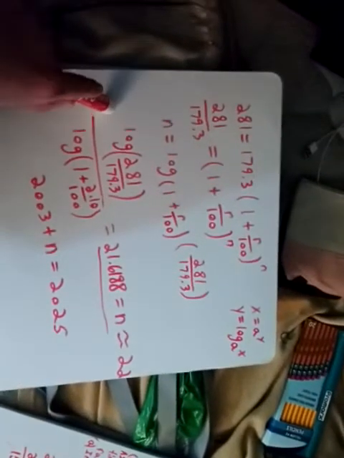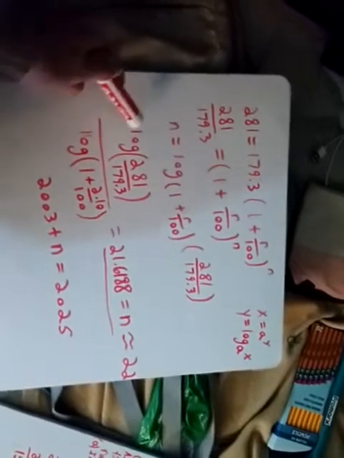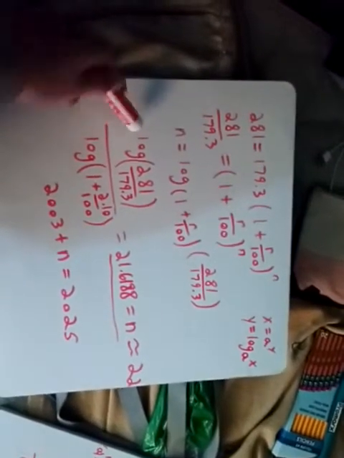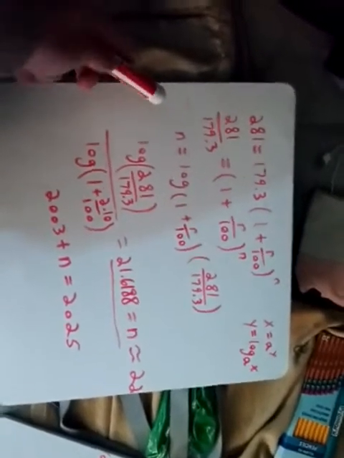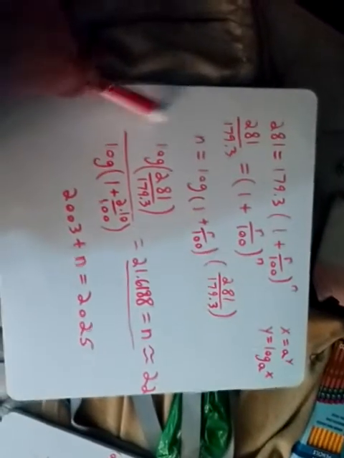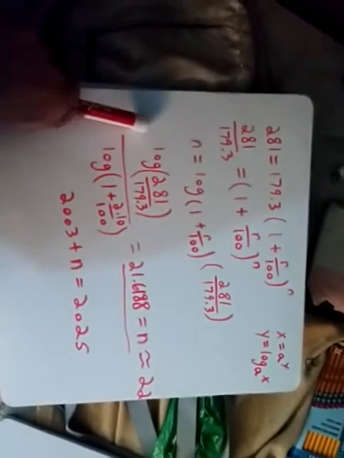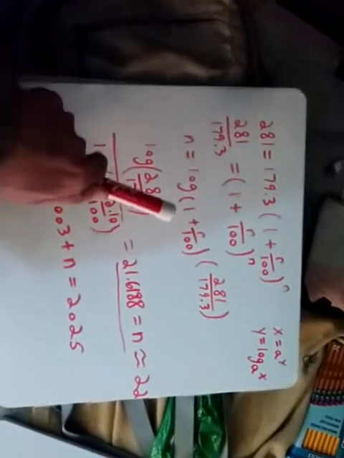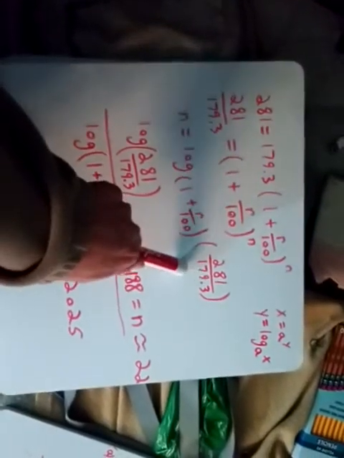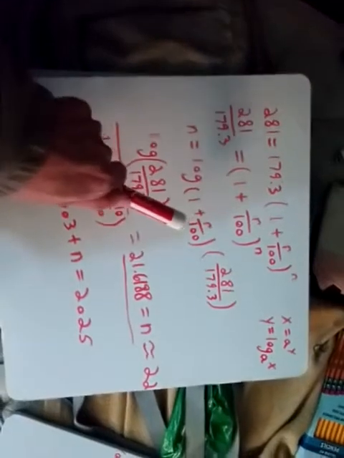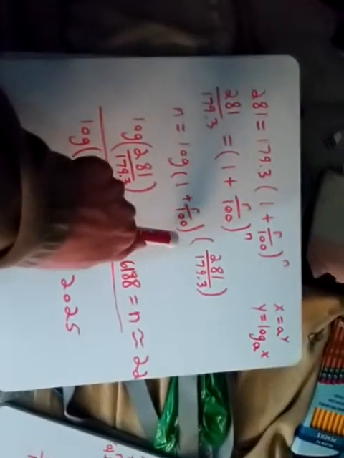So I take the log here. I could use natural log or log, which is base 10, or base e, which are the ones available on the calculator. I take the log of the x value and divide it by the log of the a value.